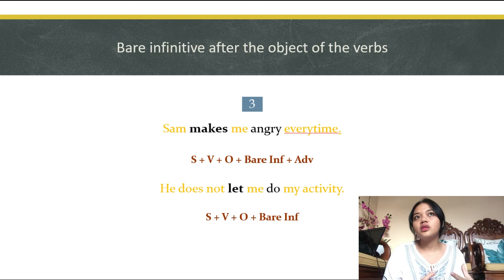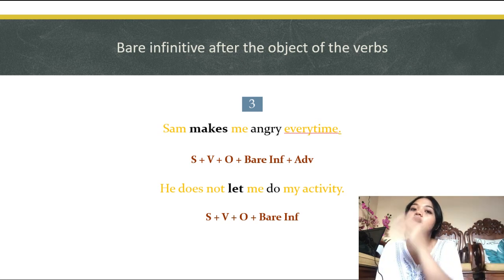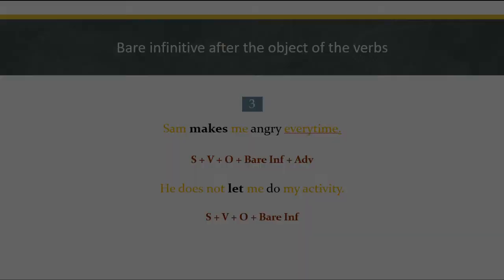Some people will say it like he does not let me to do my activity. That is totally wrong. We don't need the to particle, just take it out. The right form is he does not let me do my activity. Once again, do here is a bare infinitive working as an object complement.